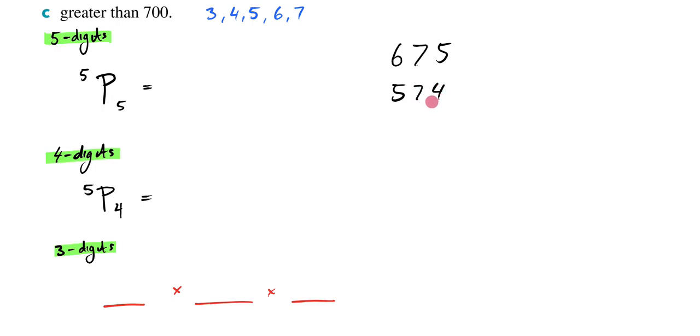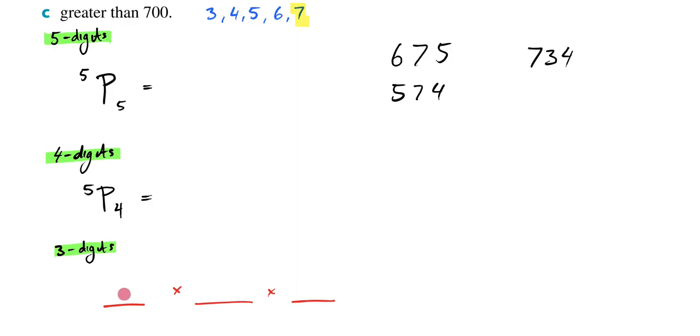The only way I'm going to get a 3-digit number which is greater than 700 is if it begins with 7. It could be 7, then my smallest number, 3, then 4. That's going to be bigger than 700. So the restriction is that the very first number has to be this 7 right here.